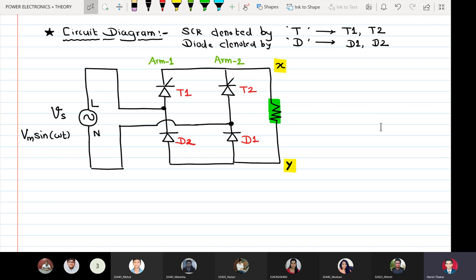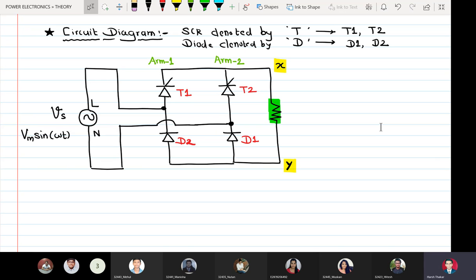Similarly, because T2 gets forward biased during the negative half cycle, the firing angle for T2 will be pi plus alpha. Why? Because pi is the natural switching point for T2, and that is why the firing angle for T2 is referenced at pi. That means if T1 has a natural switching point of omega t equal to 0, the firing angle for T1, that is alpha 1, is always equal to 0 plus alpha.